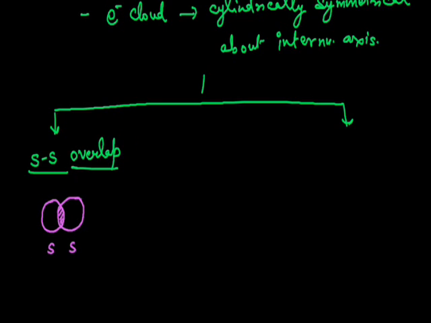Second is sp overlap, where s orbital combines with p orbital, as we have already seen.